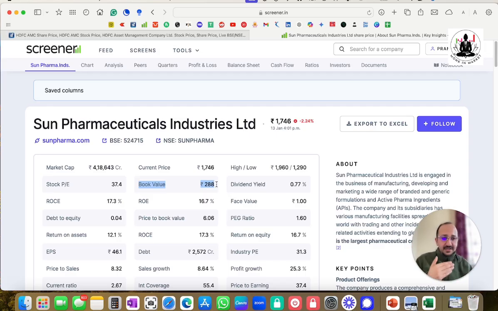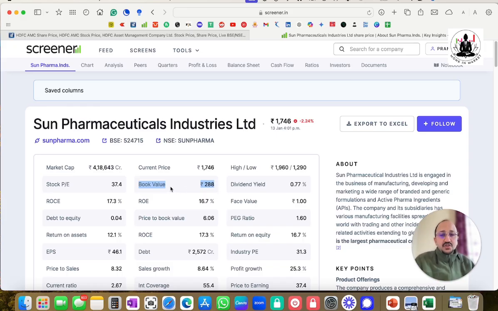Eventually, when the company starts growing, I will start generating some profits. Those profits will keep accumulating into my reserves and surpluses, retained earnings. I hope you remember that. So my reserves and surpluses will increase, and with those I may give dividends, expand my company, or buy some assets.